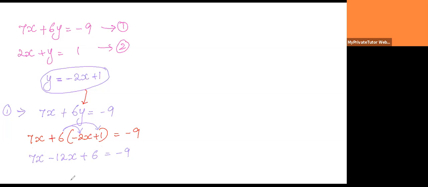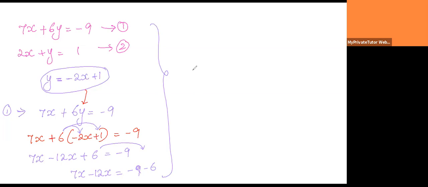So what we need to do here, please move the 6 to the other side. So what is 7x minus 12x? And then minus 9 minus 6.